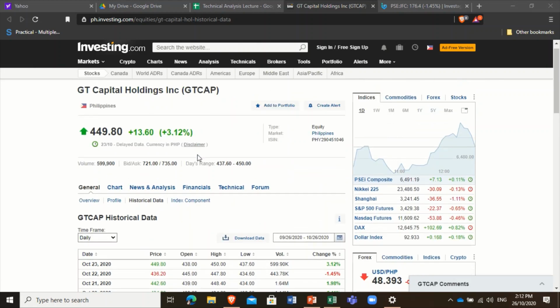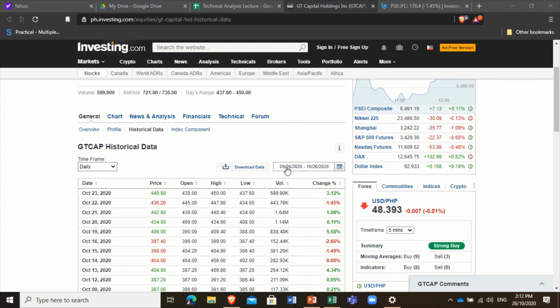Kaya ko to pinili, itong investing.com, because you can easily select the dates that you want to cover. So as you can see, I've chosen September 26, 2020 to October 26, 2020, 1 month data range.